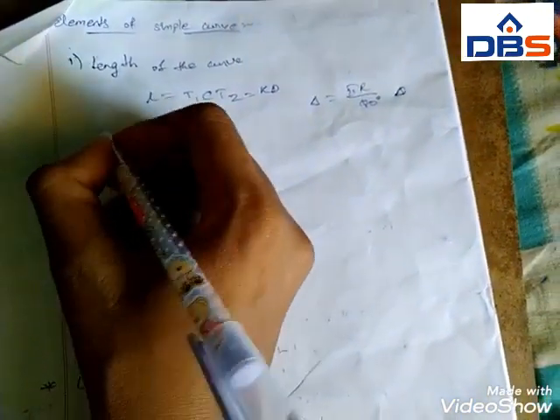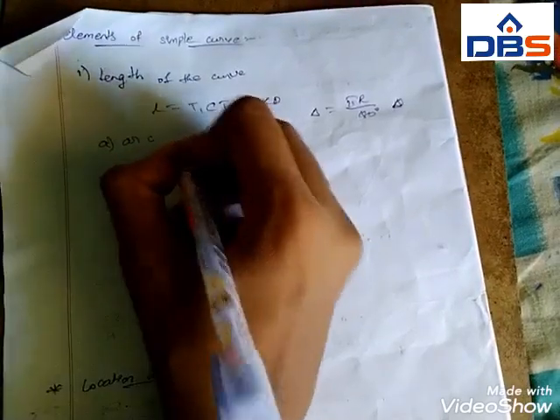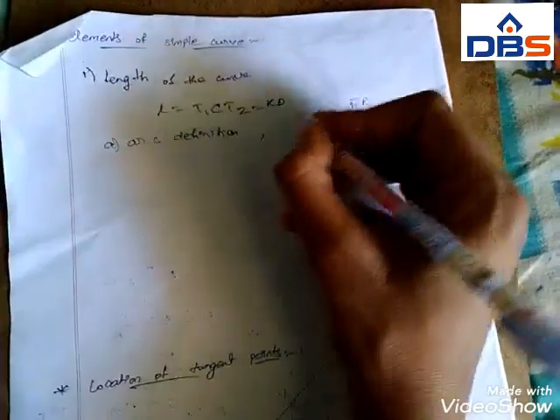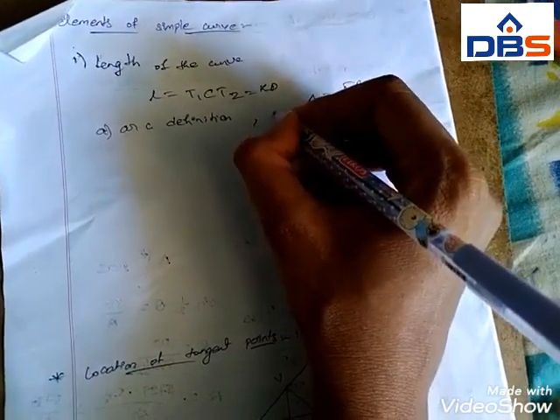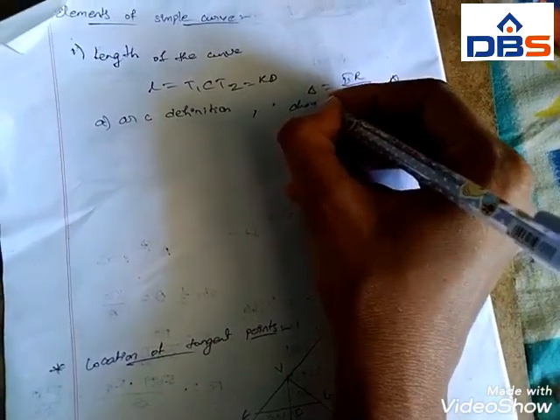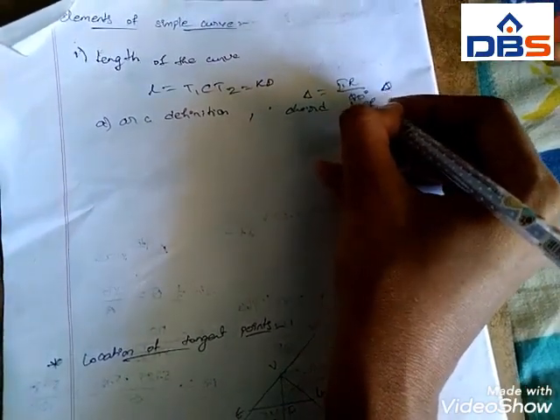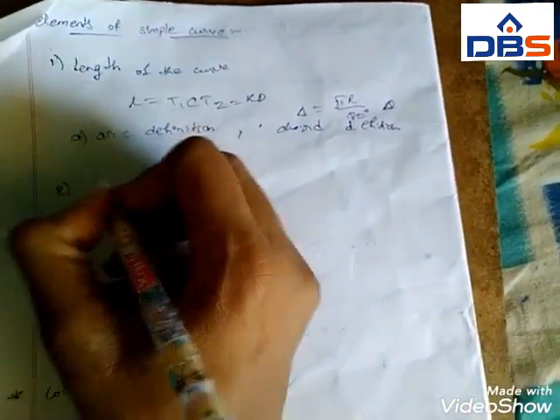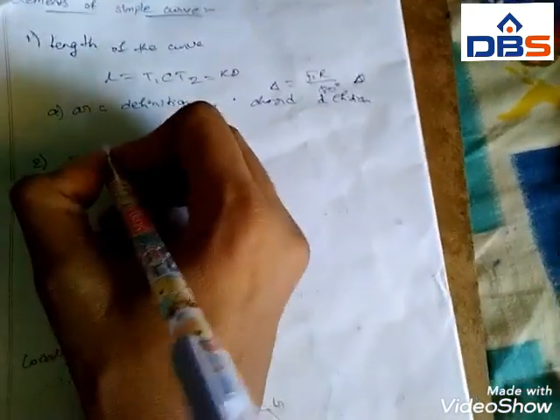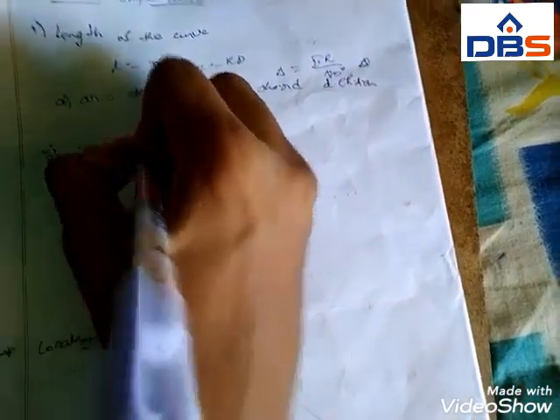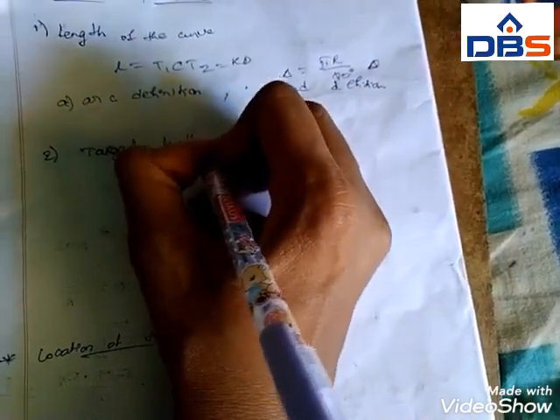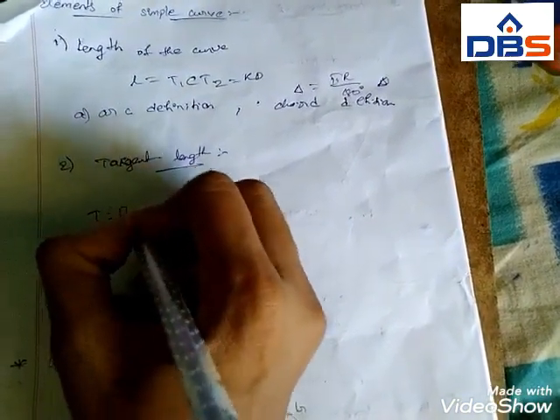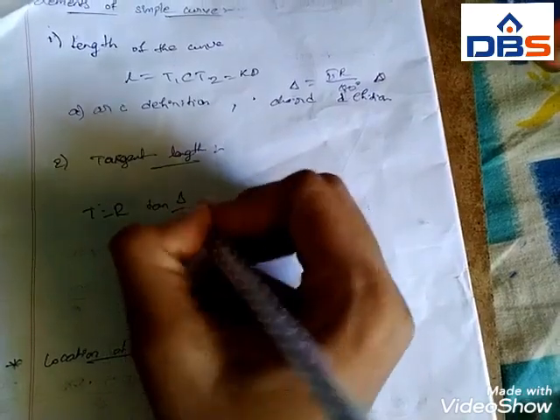Second, here we have two types: arc definition and chord definition. Now coming to the next one, tangent length. Here in tangent length we get the value T is equal to R tan delta by 2.